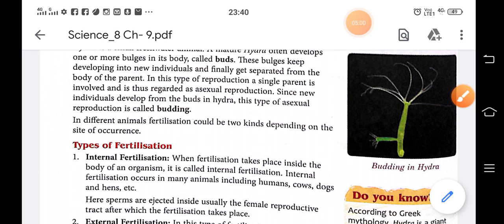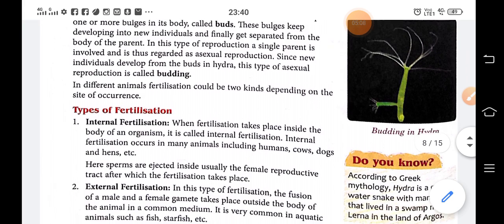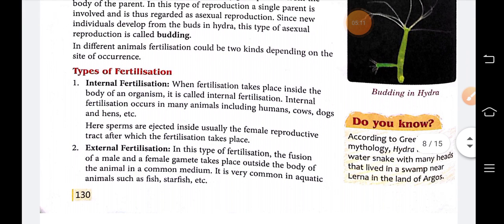In this way, you can find different types of reproduction in different animals, and in different animals, fertilization also occurs in different kinds. It depends on the site where the fertilization is going to take place. On this basis, fertilization is of two types: internal fertilization and external fertilization.